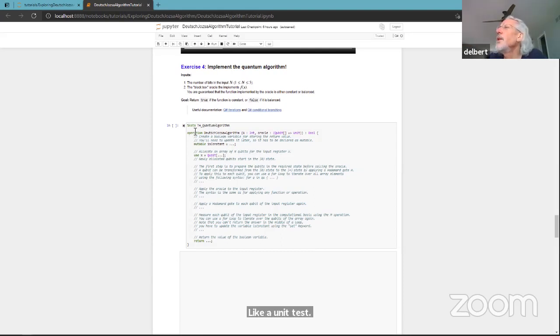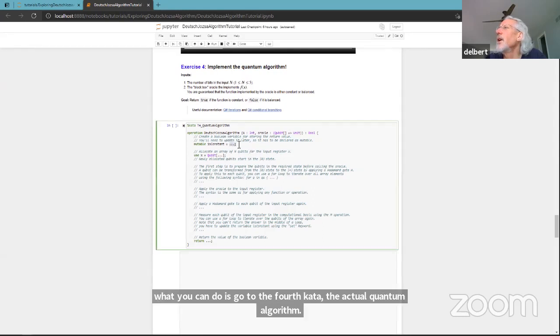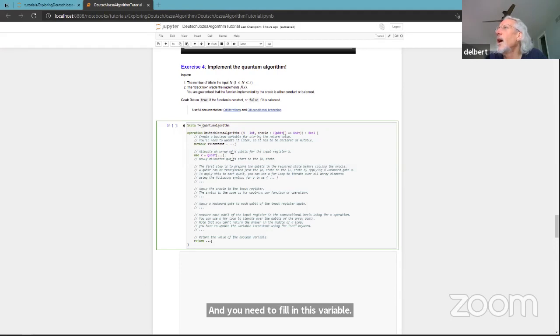So what you can do is go to the 4th kata, the actual quantum algorithm, and you need to fill in this variable and then fill in what you want to use for an array of qubits, and then they give you the logic here that you want to do.